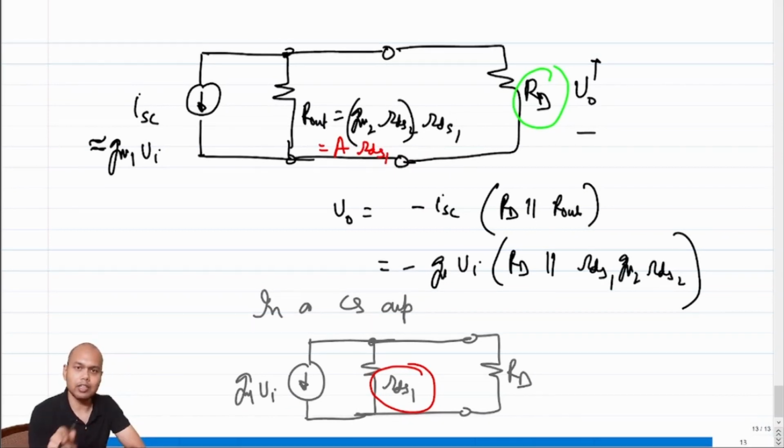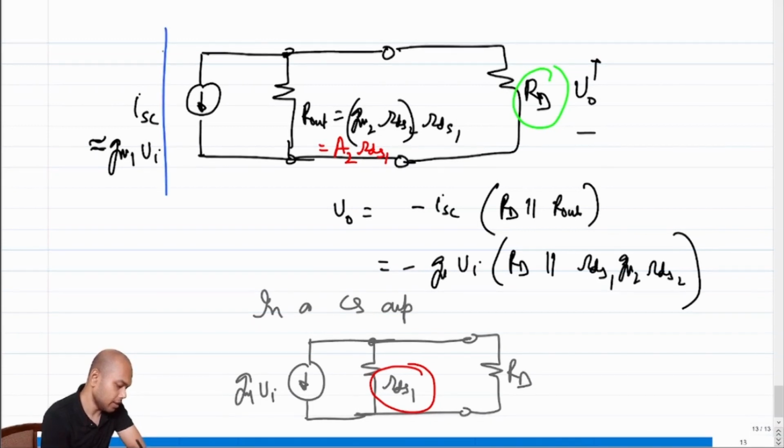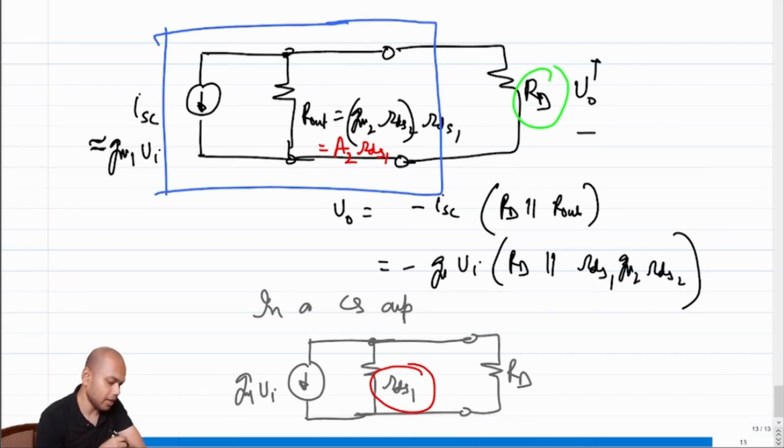Note that this A is not the amplifying factor of the common source amplifier stage. Let me call this A2. So instead of rds1, now you have A2 times rds1, where A2 is gm2 times rds2. Since you have a higher resistance, this contraption is a better current source than the contraption on the bottom.